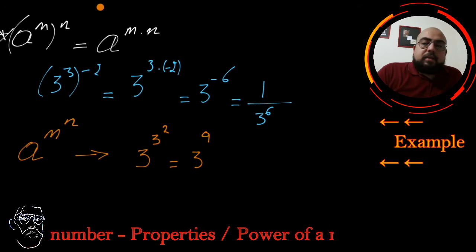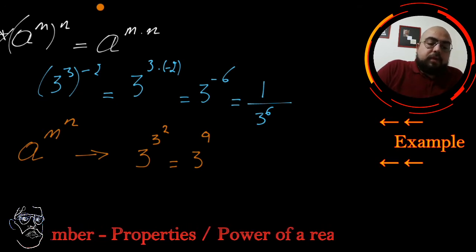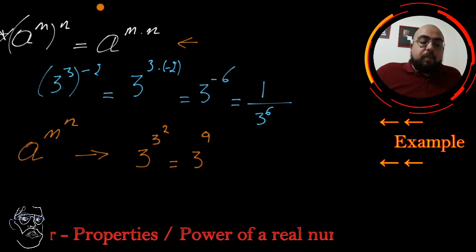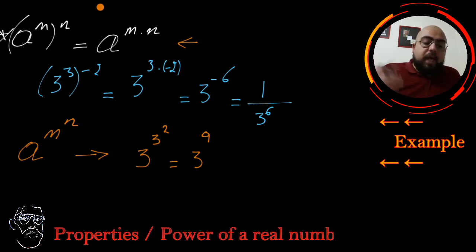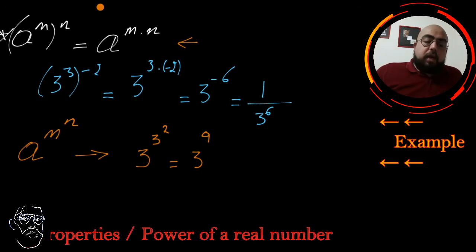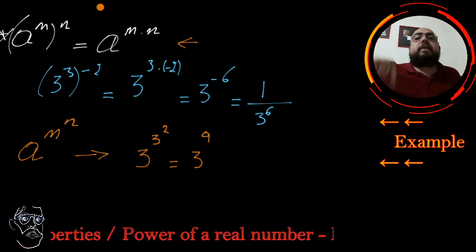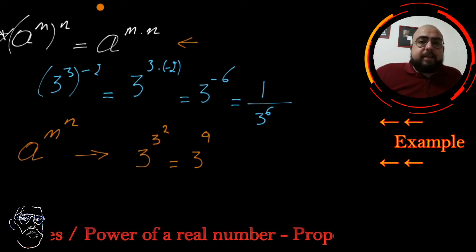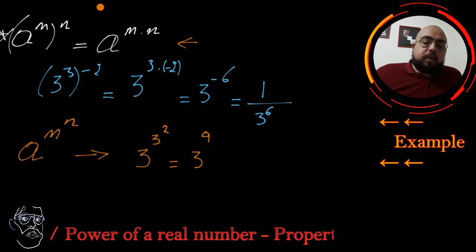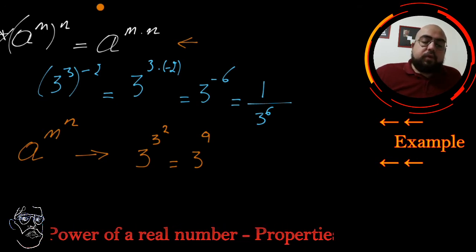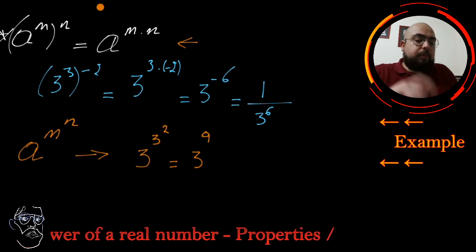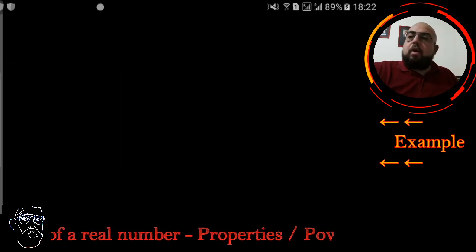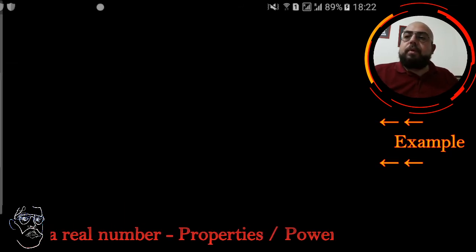Whenever you have the parentheses, like previously, you simply multiply m by n. But in case it was a to the power of m to the power of n, it means that your exponent is m to the power of n. So in a case like this you have to say 3 to the power of 3 to the power of 2 is 3 to the power of 9. Alright, now I'm going to take one last property.